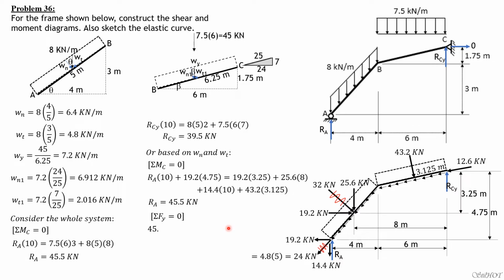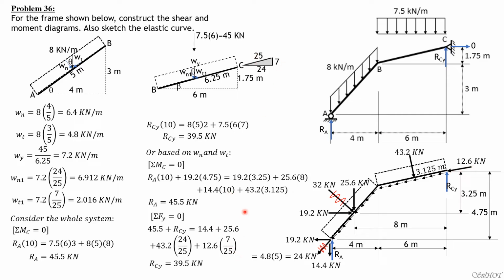Then summation forces Y equals 0. 45.4, which is RA plus R sub CY, or R sub C in this designation here, is equal to downward forces 14.4 plus 25.6 plus the vertical component of 43.2, which is 43.2 times 24 over 25, then plus vertical component of 12.6 times 7 over 25.